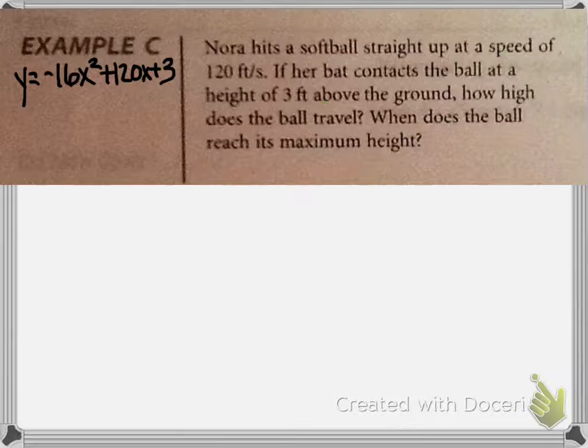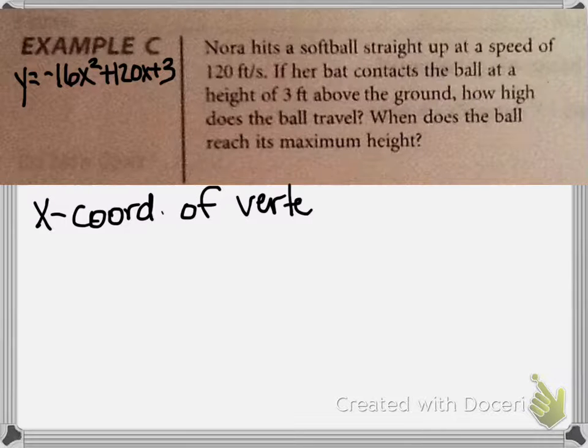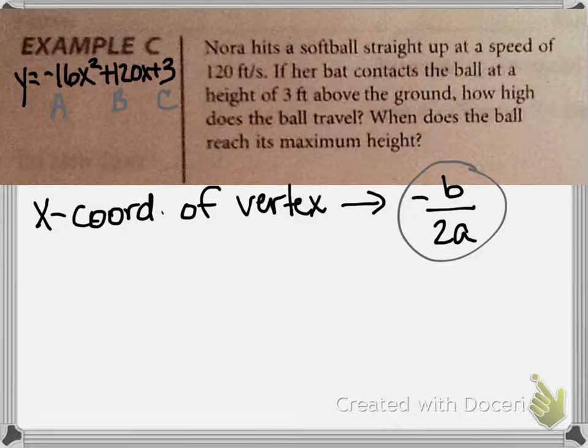When does it reach maximum height, and how high does it travel? From the investigation, I believe it was step 7, we can find the x-coordinate of the vertex using a tiny little formula: x equals negative b divided by 2a. Once I identify a, b, and c in my equation, a is negative 16, b is 120, c is 3, I can find the x-coordinate of the vertex.